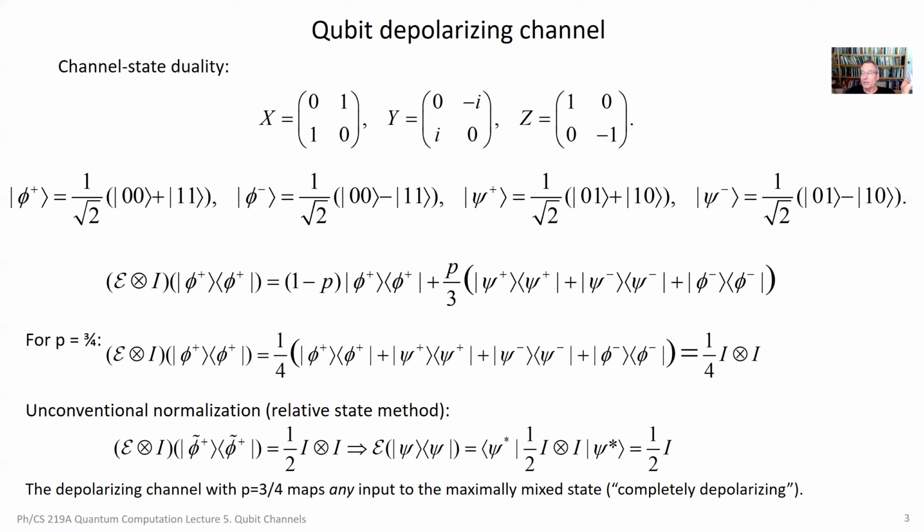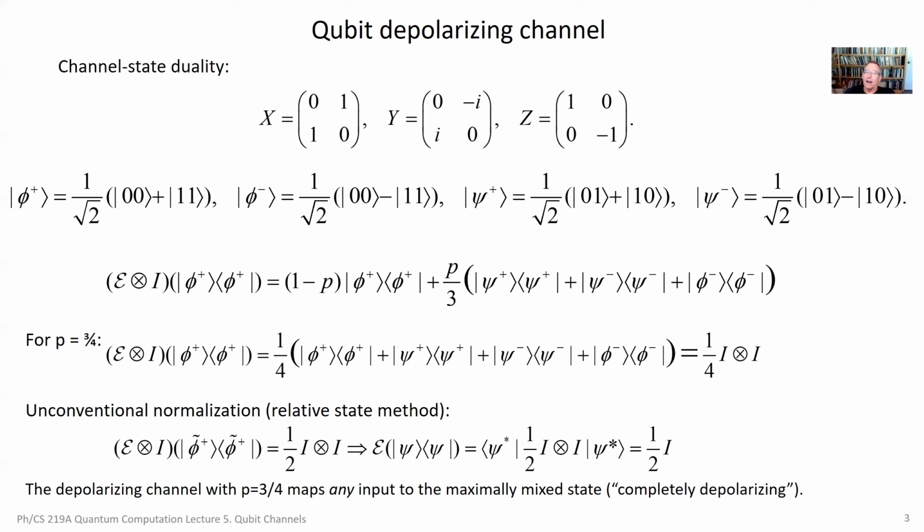And of course, the same will be true for any mixed state, because a mixed state is just a mixture of pure states, and the channel is linear. So the depolarizing channel in that case, with p equals 3/4, is a special type of channel. In effect, it throws the state away and replaces it by a maximally mixed state, by an essentially random state in our Hilbert space. In that case, we say it's completely depolarizing.